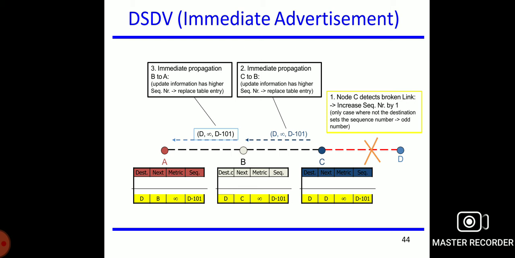A still must update its routing table on the first arrival of a route with a newer sequence, but it can wait before advertising it. The time to wait is proportional to the settling time. Like this, fluctuations in a larger network can be dampened to avoid unnecessary advertisement, thus saving bandwidth.